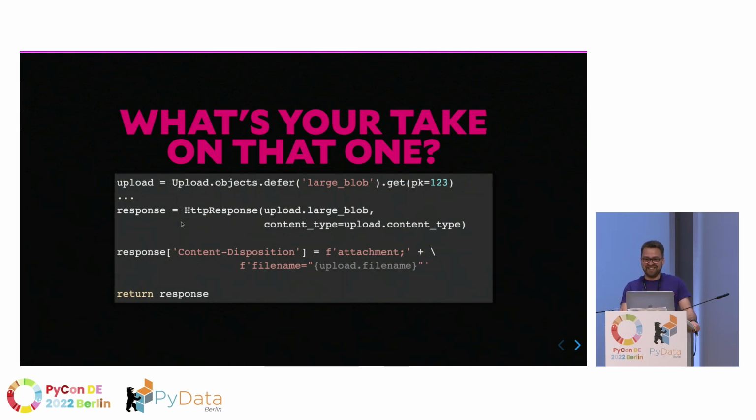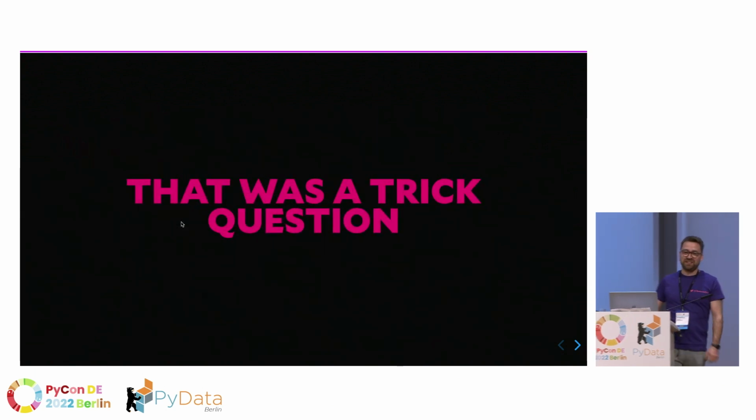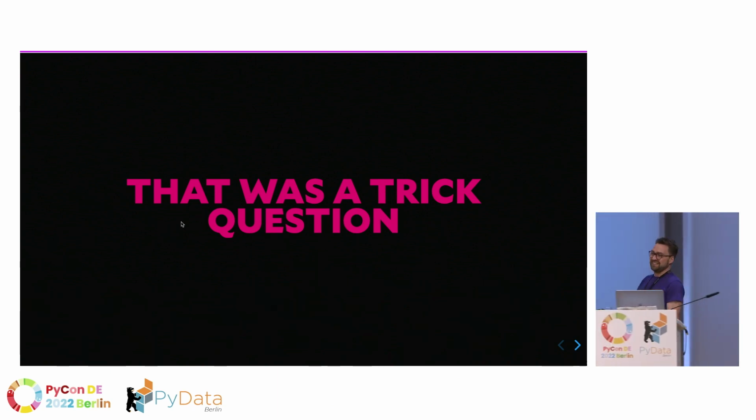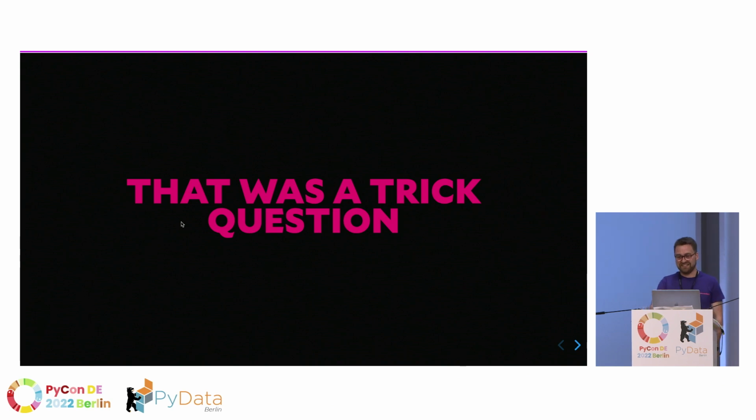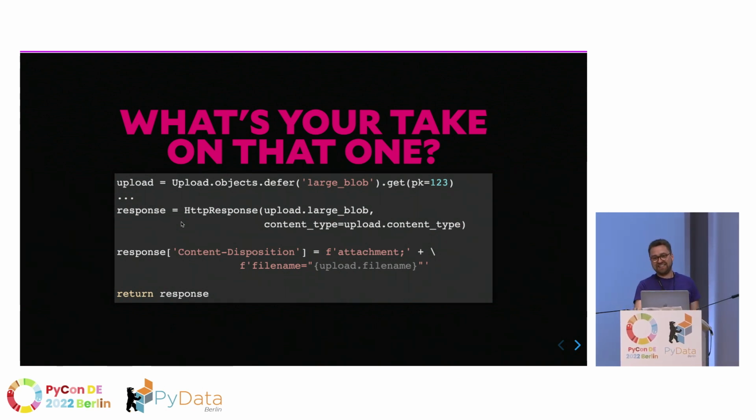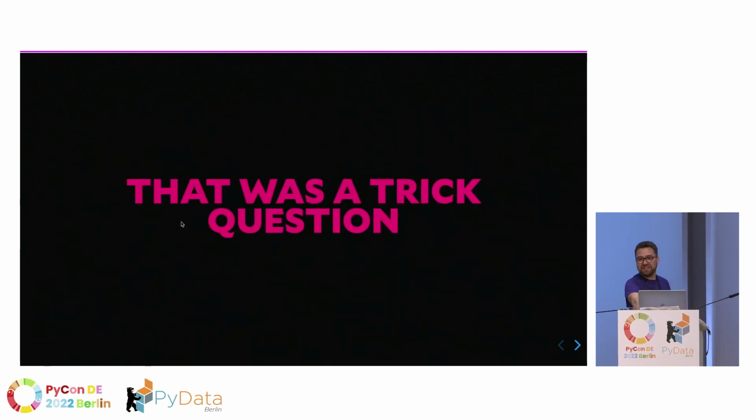I'm not sure, because you're right, this was a trick question. You should use only and not defer. You exclude the large blob, and after that you want to take the large blob. Exactly. It's stupid. Sorry, again, this was a trick question.